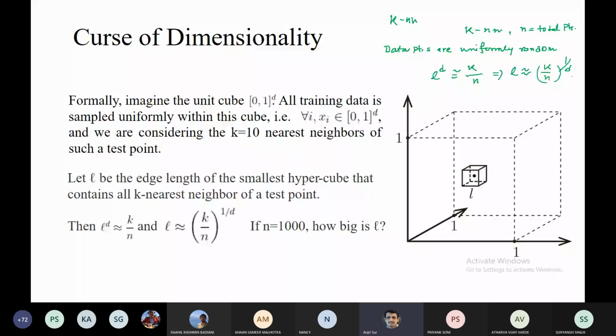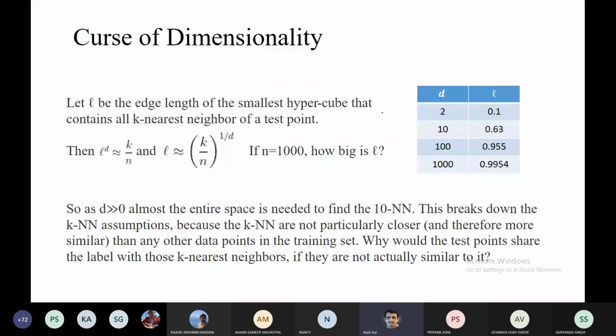Now we calculate these values for different dimensions, because here L equals 0.6, 0.63, and for 100 dimensions, 0.95, and so on. It is very, very high. So what does this mean?